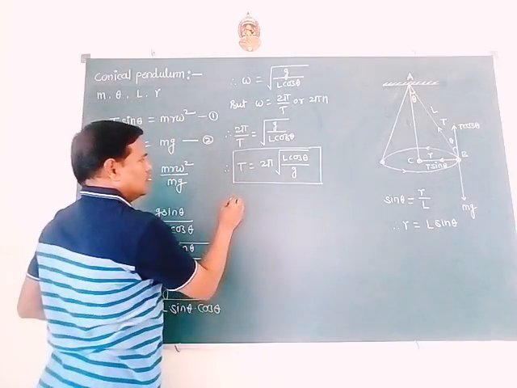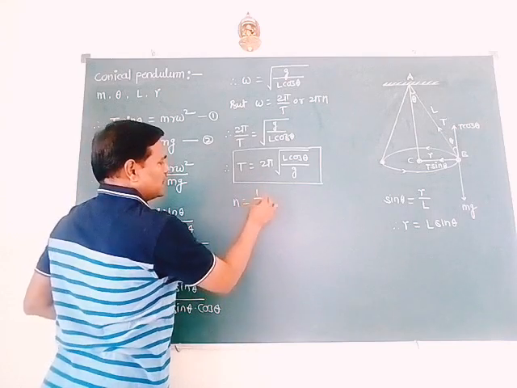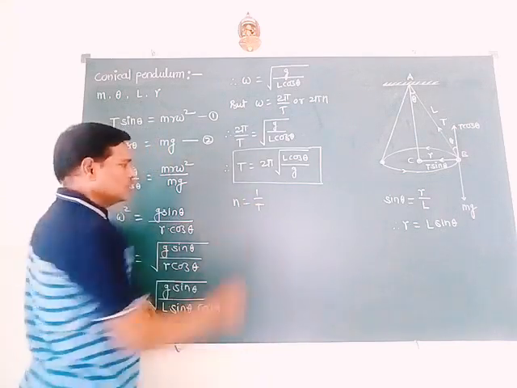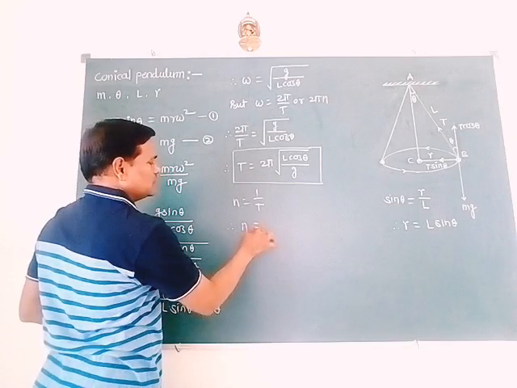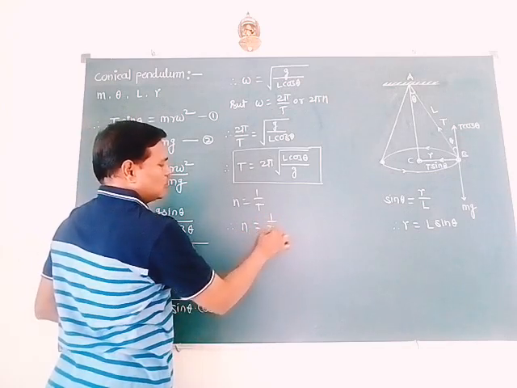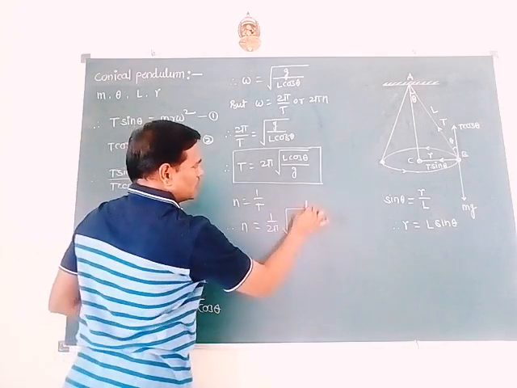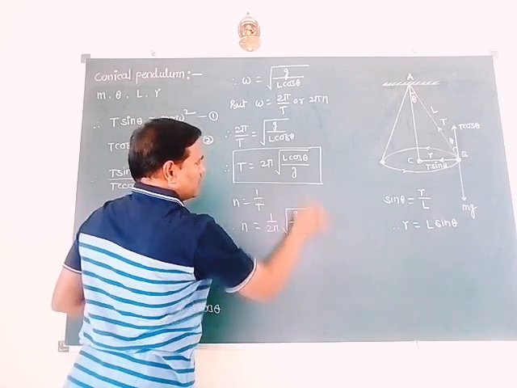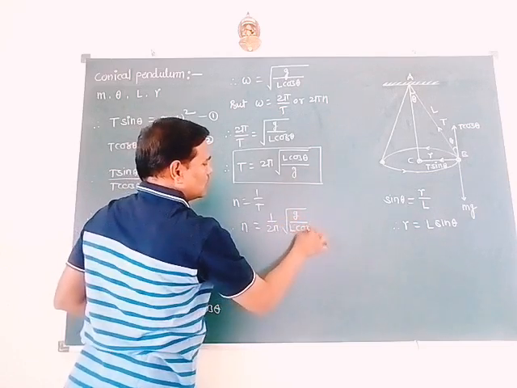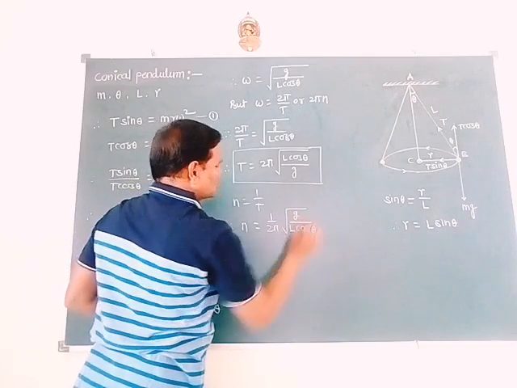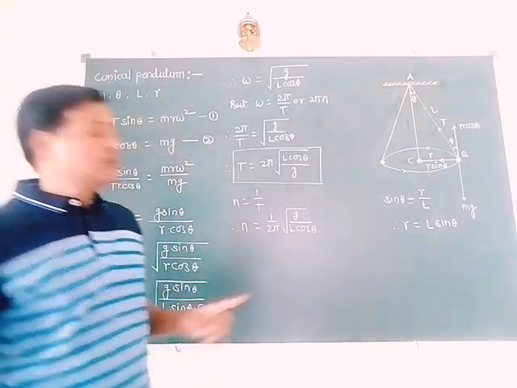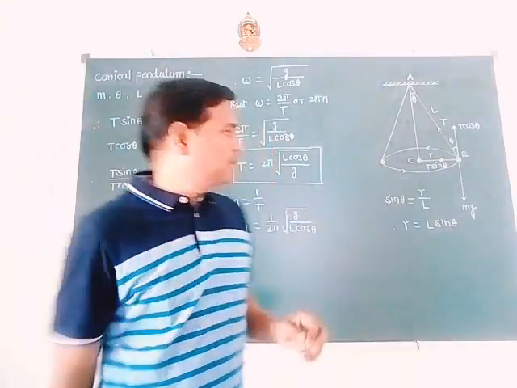Finally, n equal to 1 by capital T. Therefore this frequency is equal to 1 by 2 pi into square root of g by L into cos theta. So this is the expression for frequency of revolution of the conical pendulum.